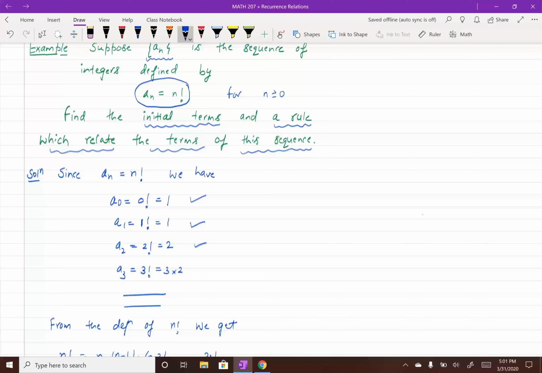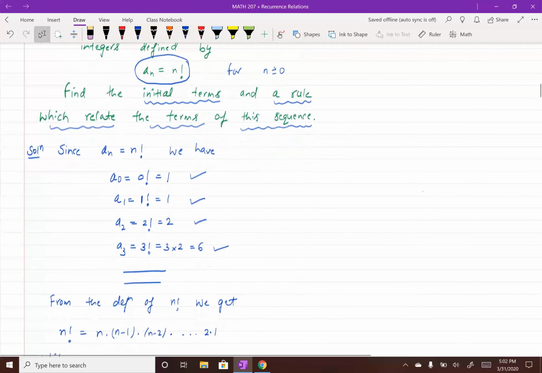A of 3 is 3 factorial. 3 factorial is going to be equal to 6. Okay, and by following this explicit formula, I can compute every element of my sequence. So my A of n sequence which you generate through this explicit formula is going to be 1, 1, 2, 6, and then 24, 120, and so on.